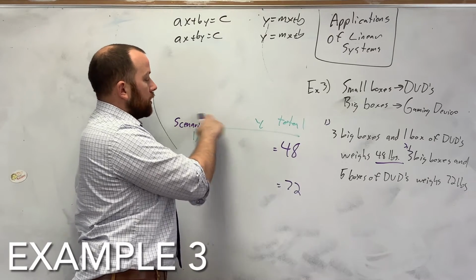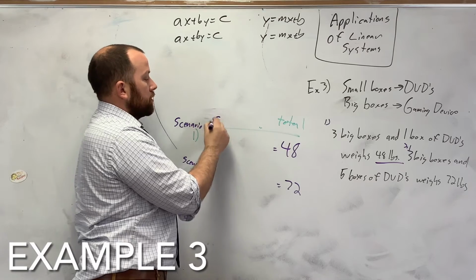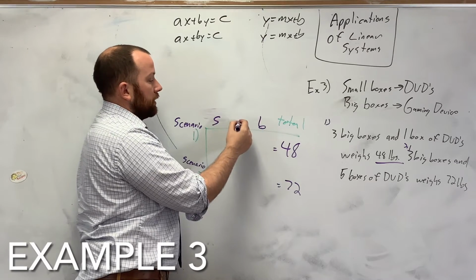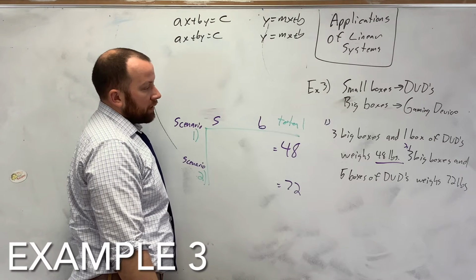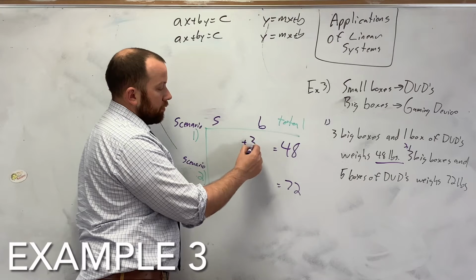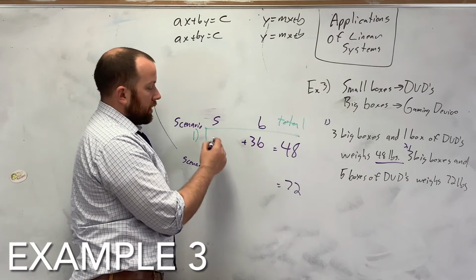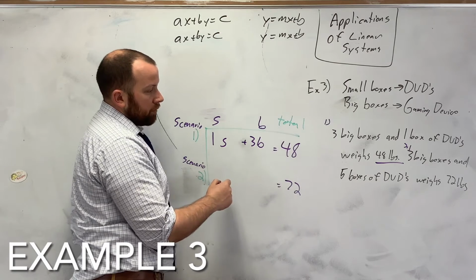So I'll do small and big. So 3 big boxes and 1 small box equals 48 pounds.